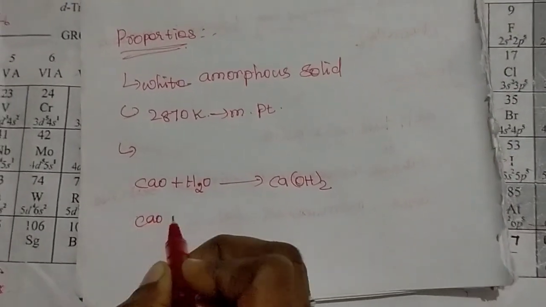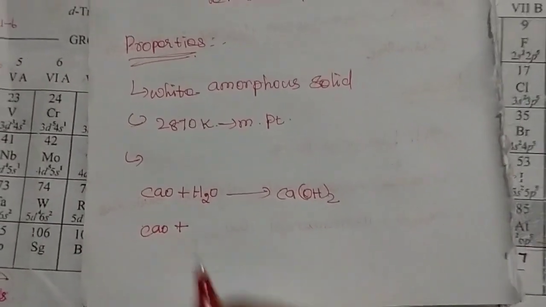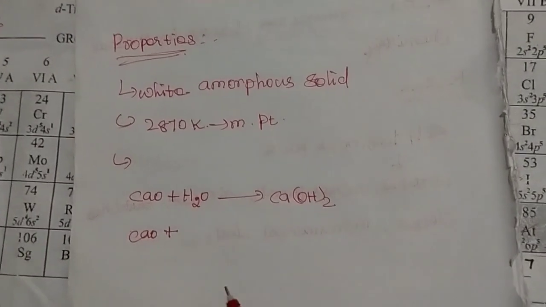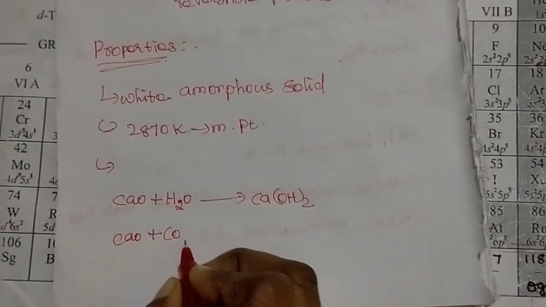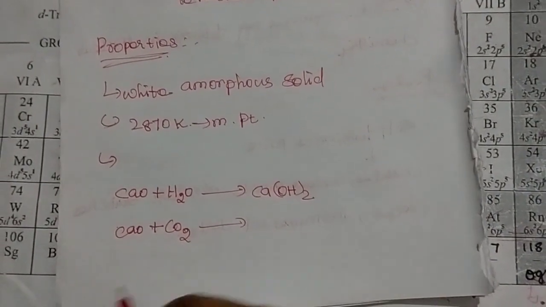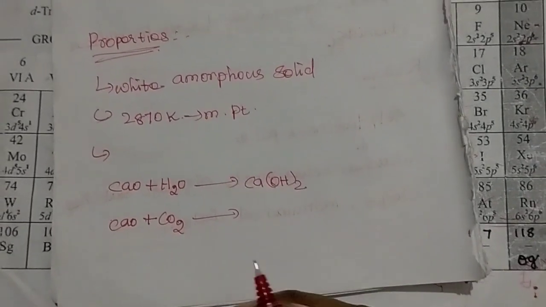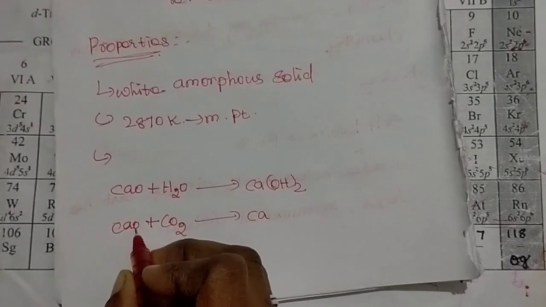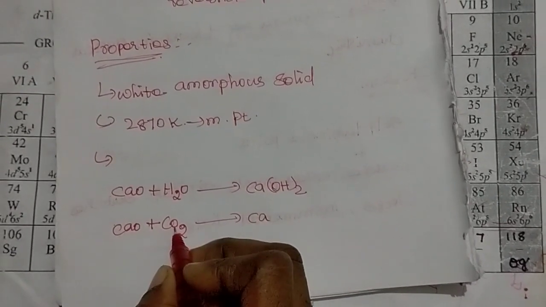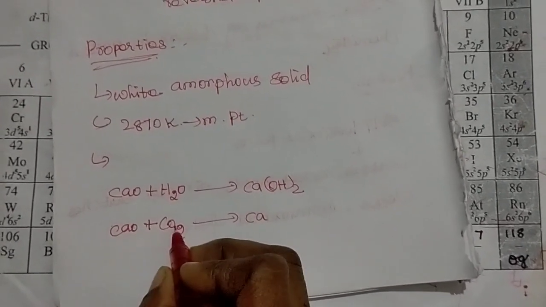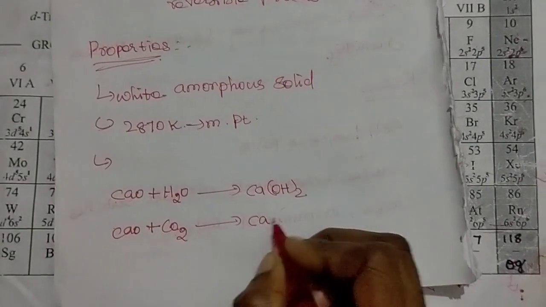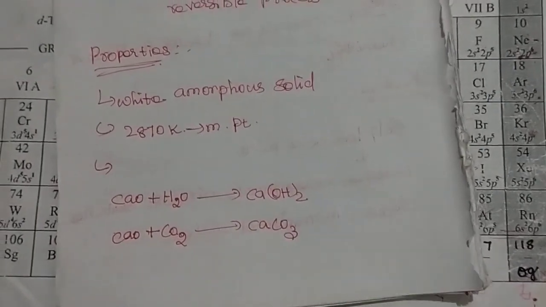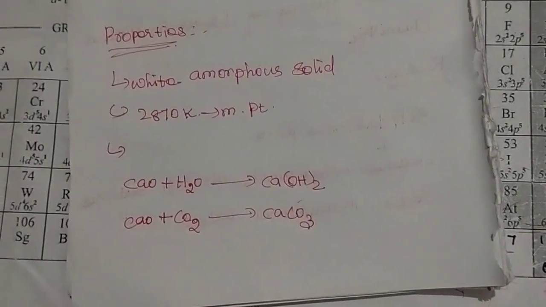Then, exposed to the air, it reacts with carbon dioxide: the CaO combines with the CO2 molecule and becomes CaCO3, that means calcium carbonate.